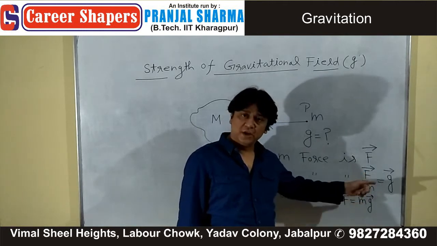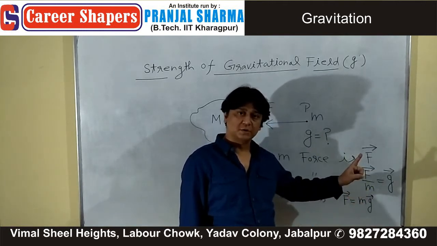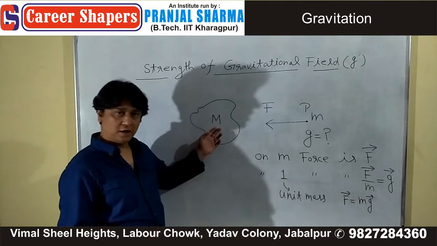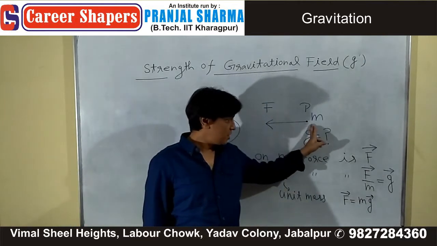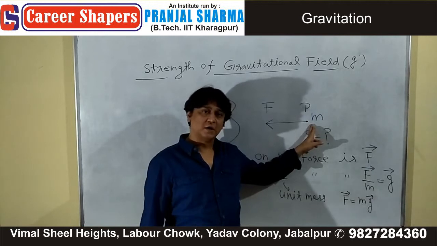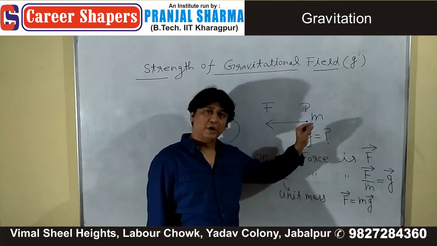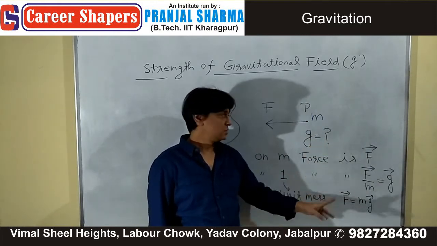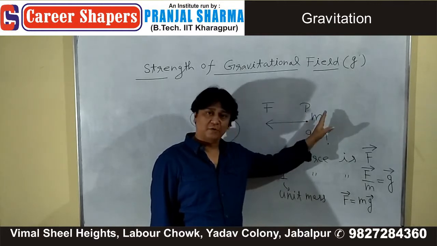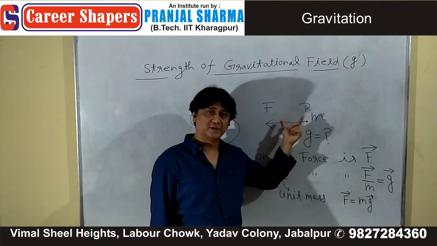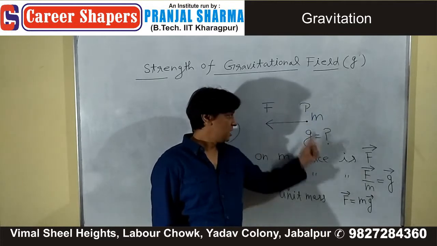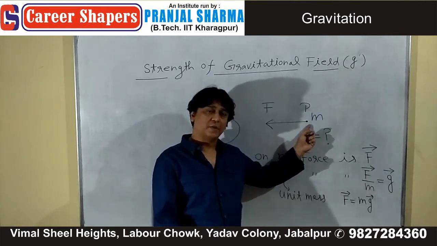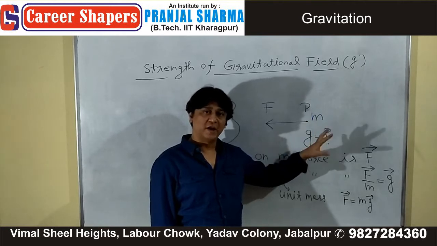Now, what is g? Force on a unit mass. What does it mean when I say that? When I say that near this body, at this point, somebody says that force on a unit mass is 5 newtons per kg. Suppose a notice is present here, and that notice reads that if you place a unit mass at this point, then force on that point mass will be 5 newtons.